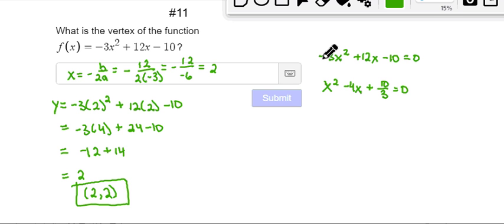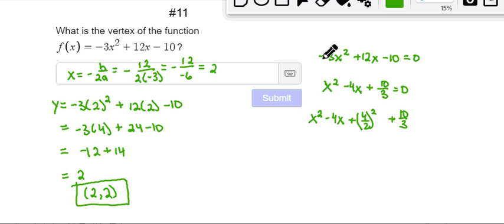And now I'm going to show this a little bit different than the way we looked at solving quadratics with completing the square, but now I just want to get the vertex form of the function. x squared minus 4x, and then we've got plus 4 divided by 2 squared plus 10 thirds.